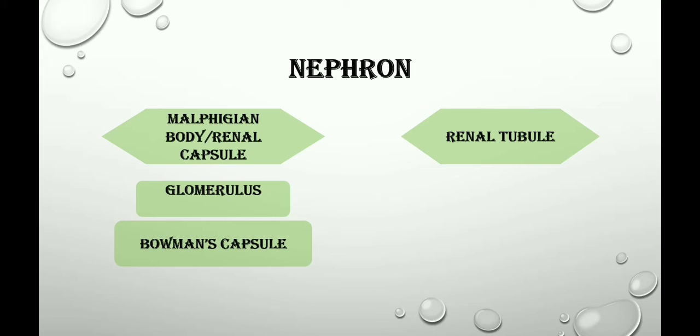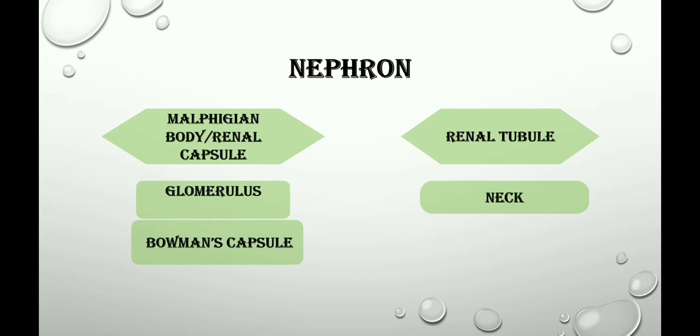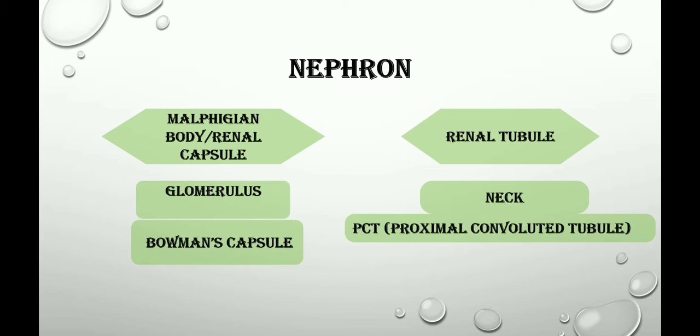Then coming towards a renal tubule. Renal tubule consists of first part that is called neck, which is in continuation with Bowman's capsule. This neck then proceeds into PCT, that is proximal convoluted tubule.